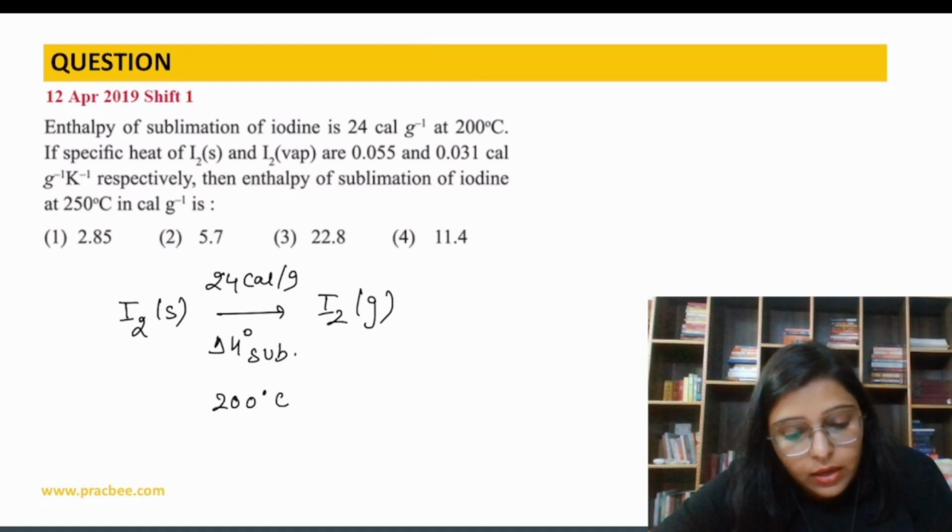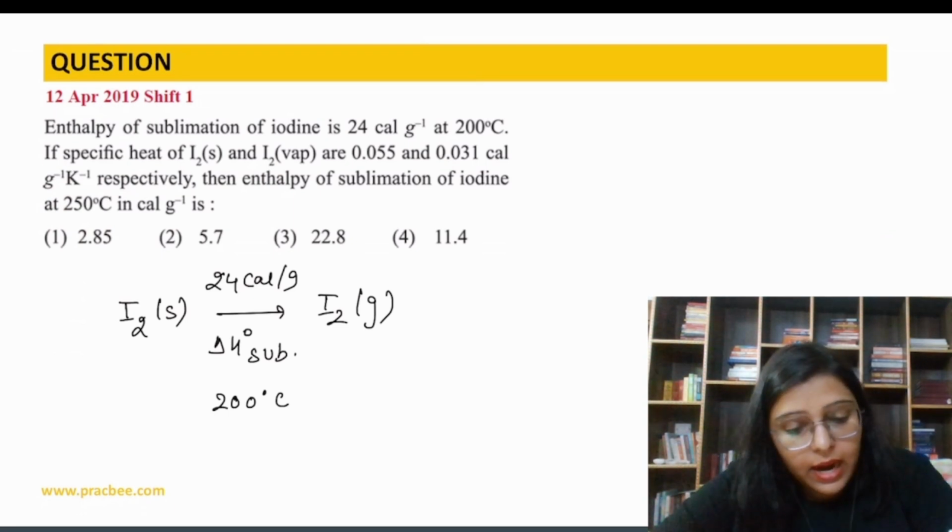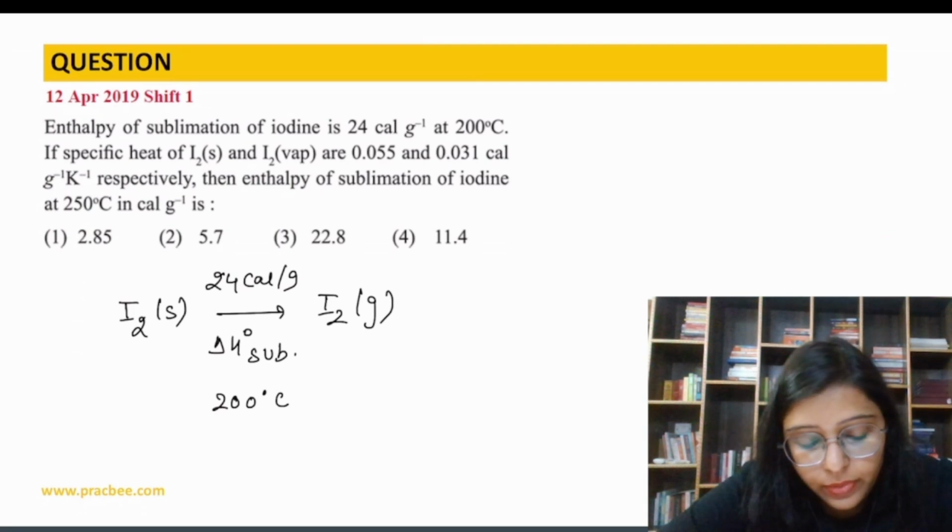Now if specific heat of I2 solid and I2 vapour are 0.055 and 0.031 calorie per gram per Kelvin respectively, then enthalpy of sublimation of iodine is.